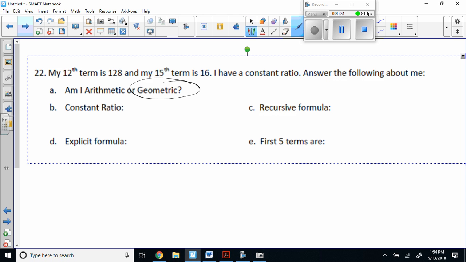And what's the common ratio? I don't know. Well, we got to figure it out. I'm trying to figure this out. I don't know what it is because I don't have an a sub 1, do I? So how am I going to figure it out?